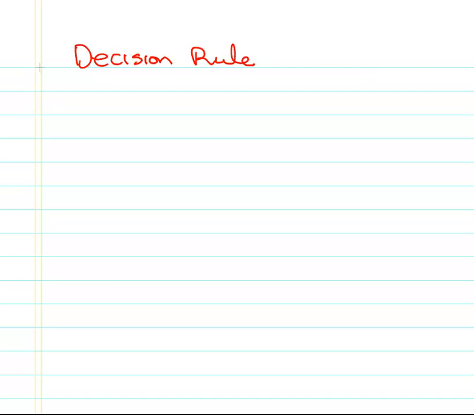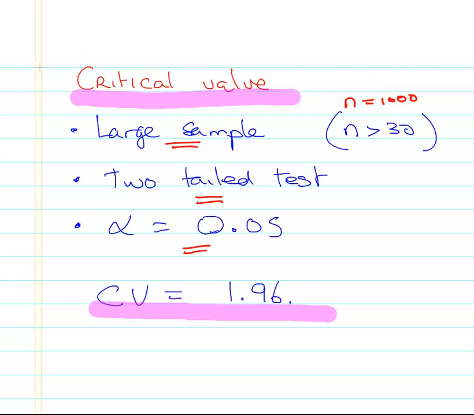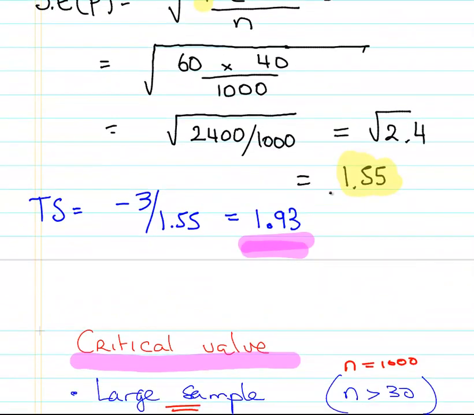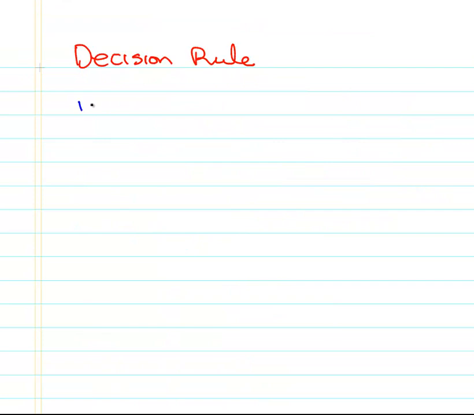So the last part is the decision rule. Earlier on we've seen that the test statistic was minus, where is it? Minus 1.93. Sorry, I went a bit too far there. So is the absolute value of the test statistic greater than the critical value? This is where the absolute value comes into play.